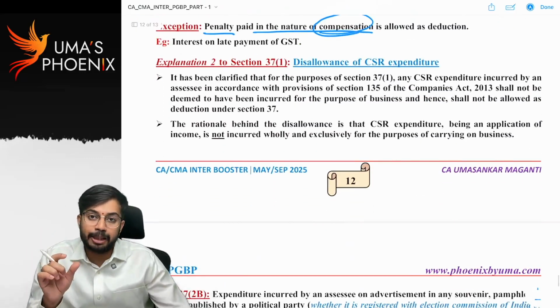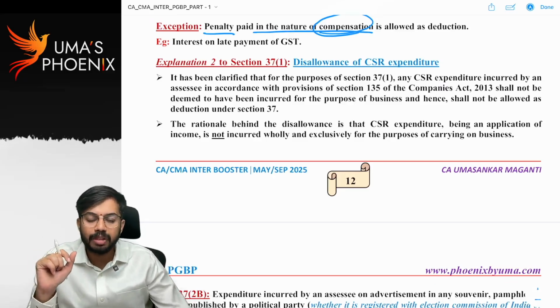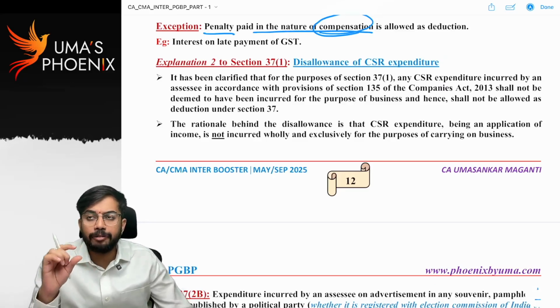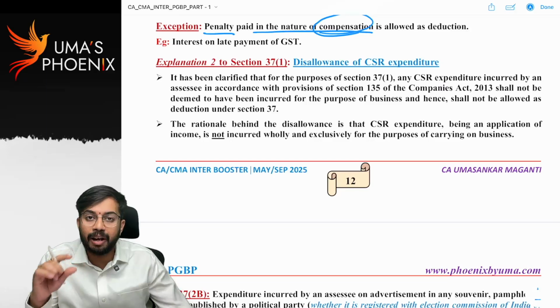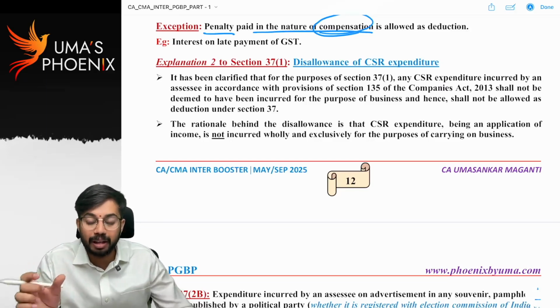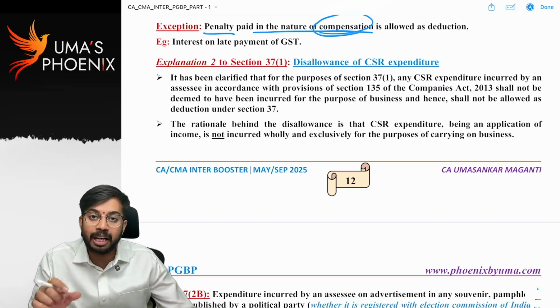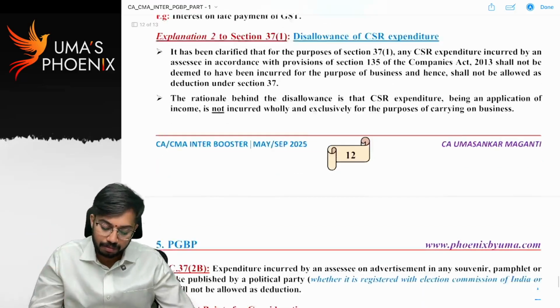Yes, CSR expenditure as per section 135 of the Companies Act 2013, there are conditions. Those companies satisfying those conditions are required to spend a certain amount for CSR, corporate social responsibility. Whatever CSR expenditure is spent by the company is not allowed as deduction in the P&L account under the head PGBP.